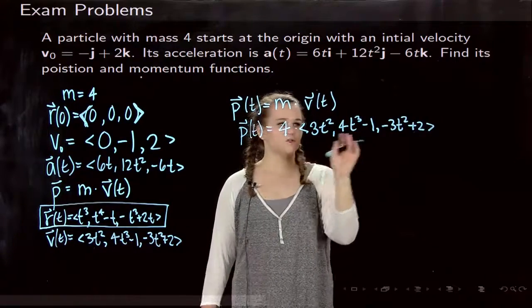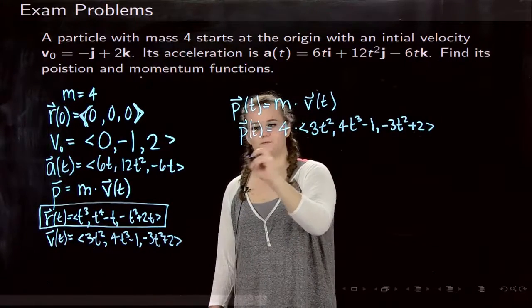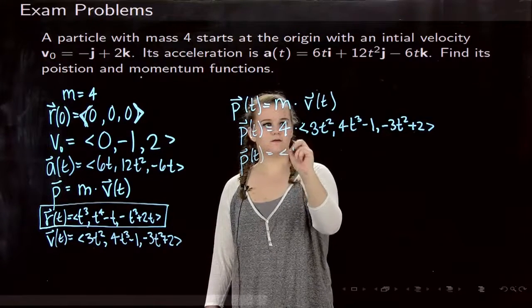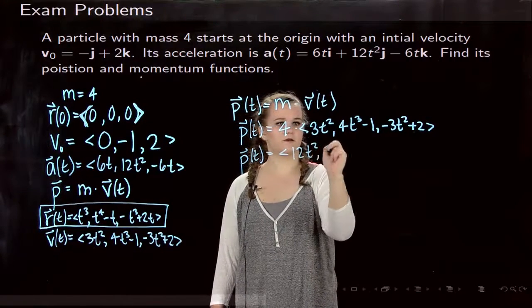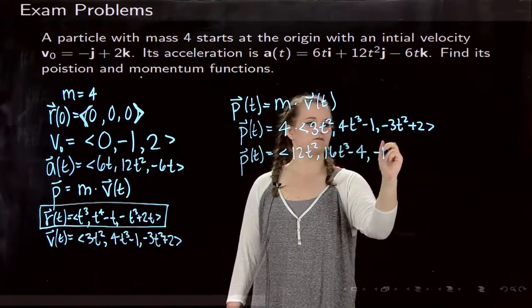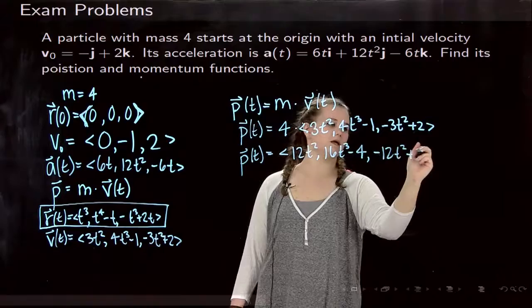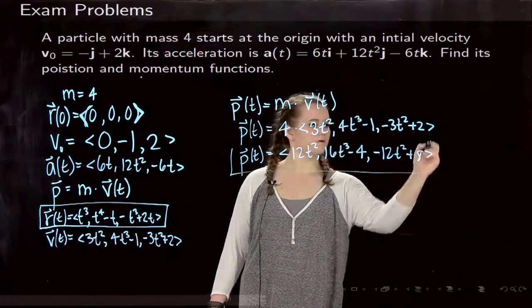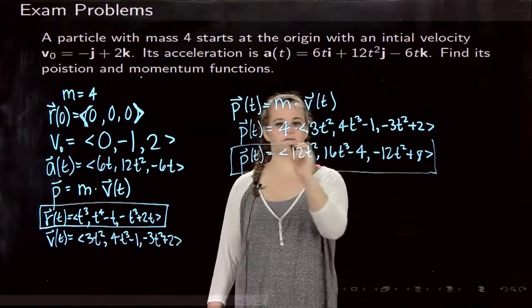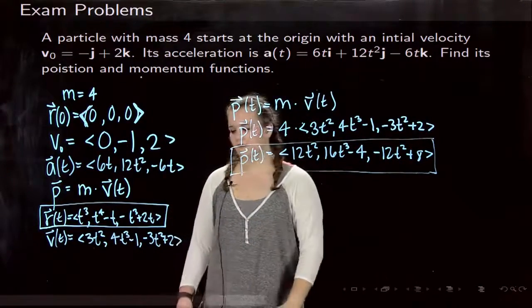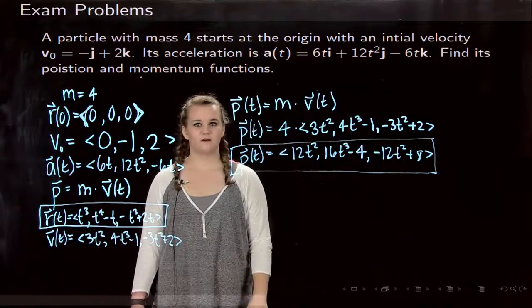This is a scalar, so we just multiply it throughout the entire vector, and our final answer for momentum is 12t squared, 16t cubed minus 4, and negative 12t squared plus 8. And this is our final momentum function. Like I said, we already found our position function, so that is your answer for this question.